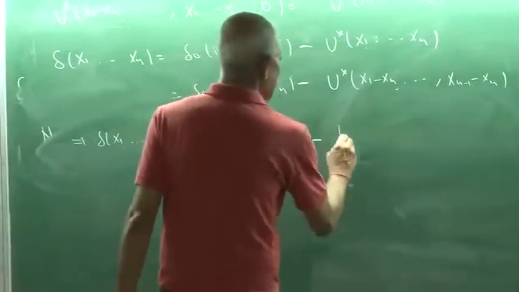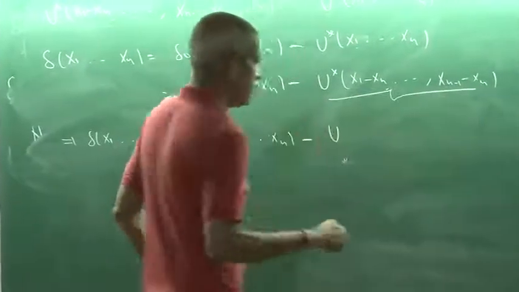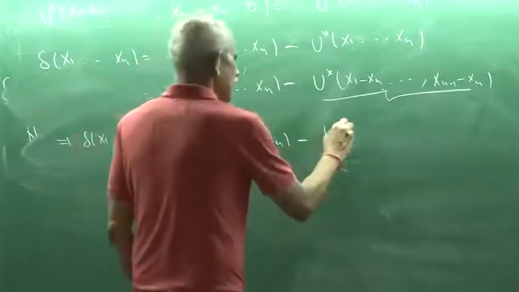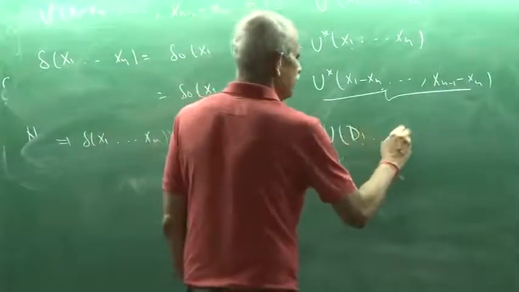So I can call this whole function only a function of d1, d2, ..., dn minus 1, and I can denote that function u of d1, d2, ..., dn minus 1.